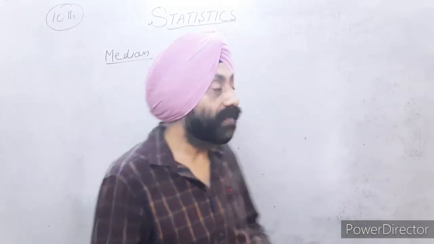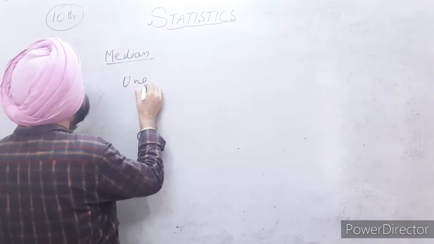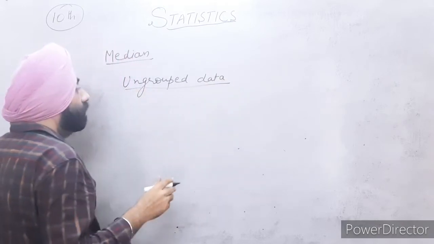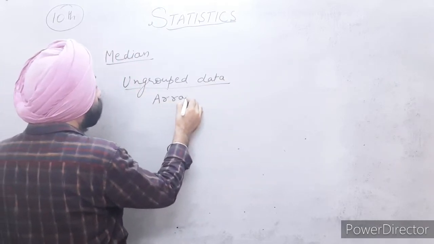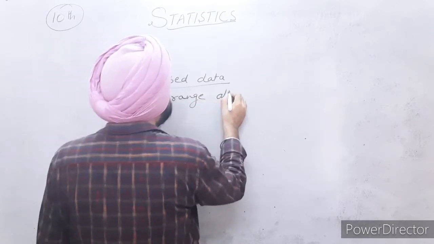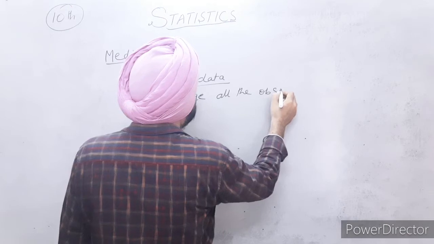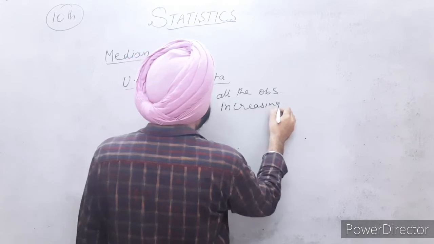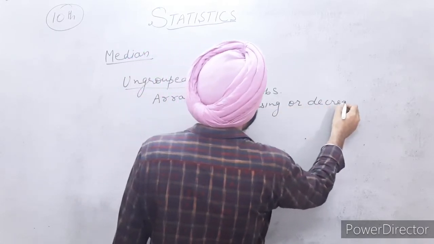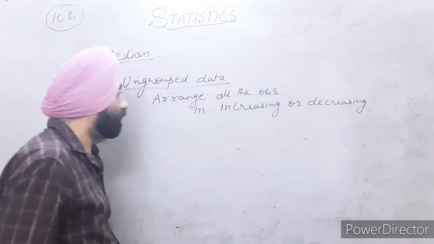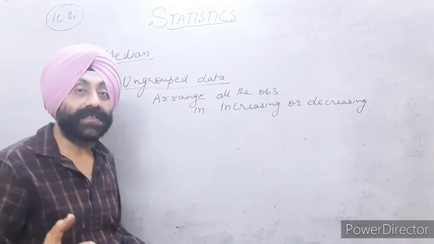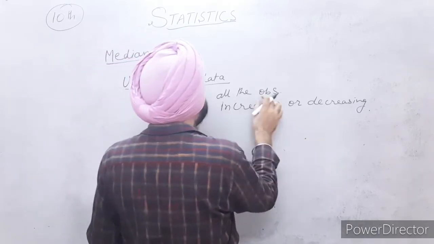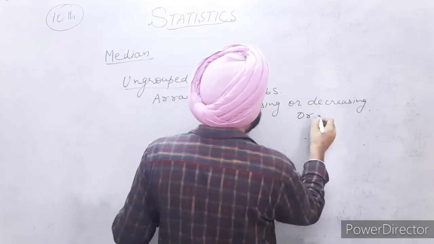Now in case of ungrouped data, you have to arrange all the observations in increasing or decreasing order.